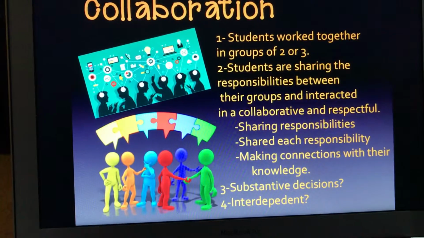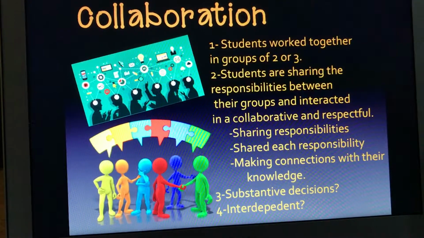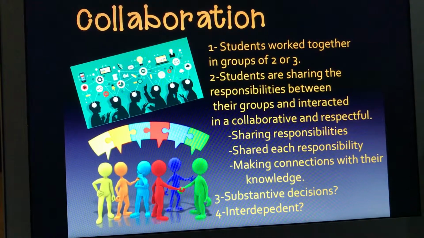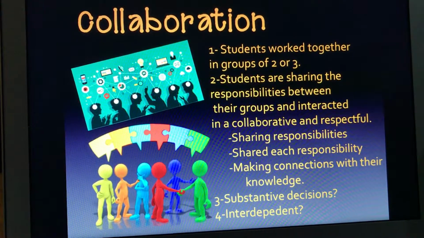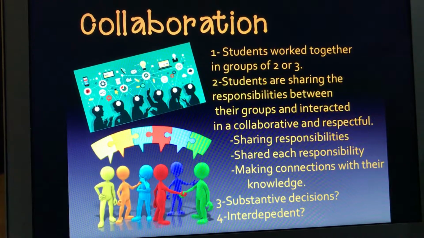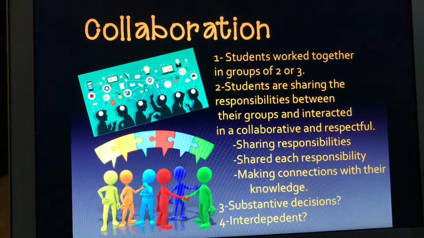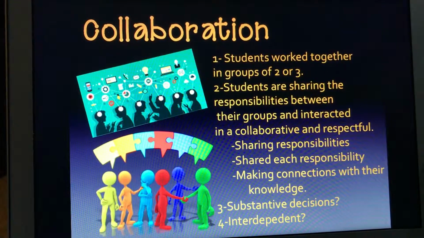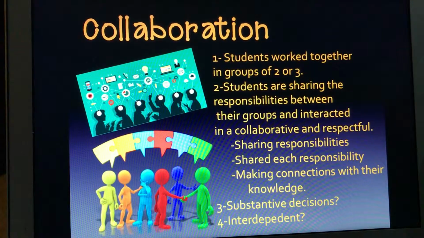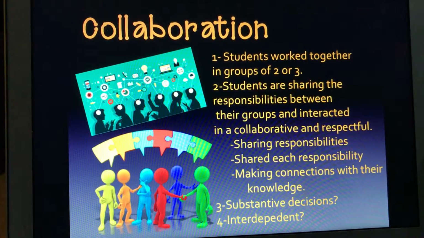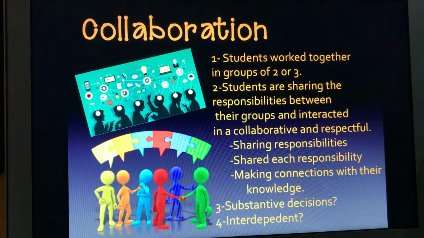Collaboration. Students worked in groups of 2 to 3. Students are sharing responsibilities between their groups and interact collaboratively and in a respectful manner. Students work out who would be reading information from the iPad, documenting findings, and displaying their new knowledge using an iPad app of the group choice.